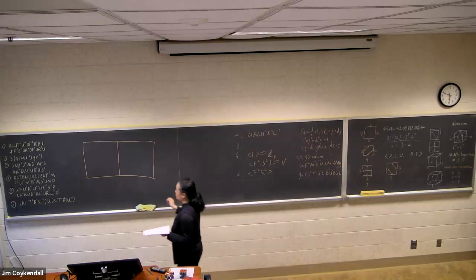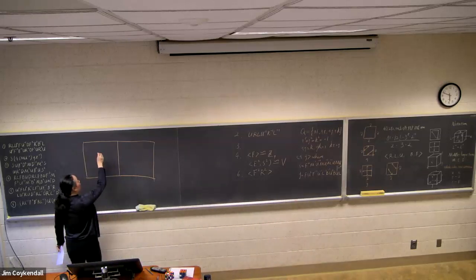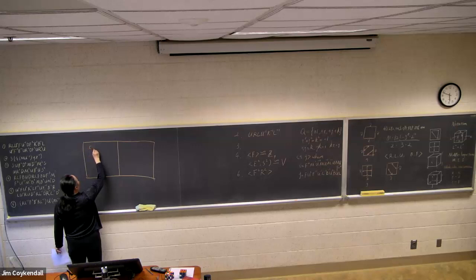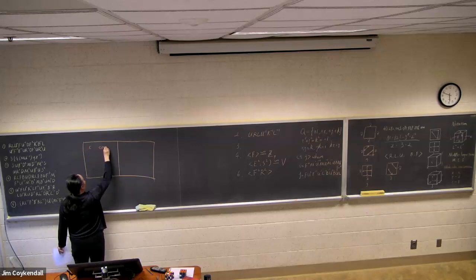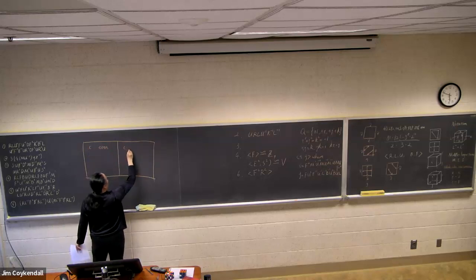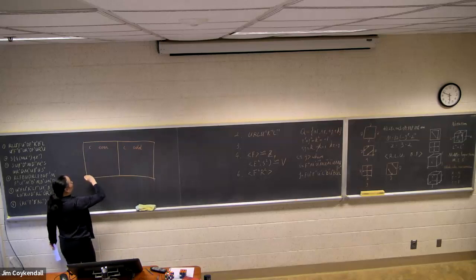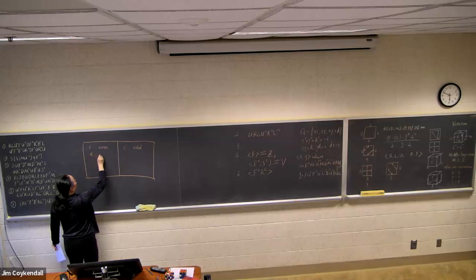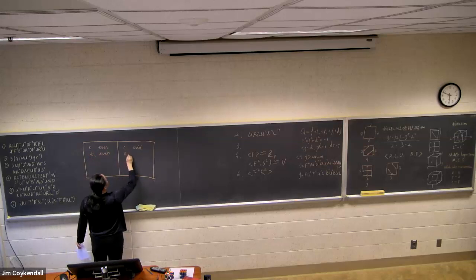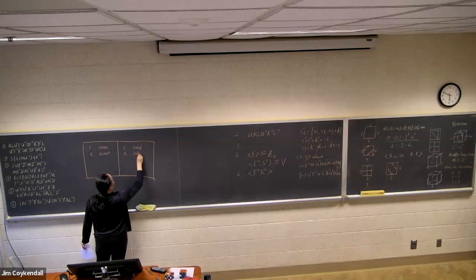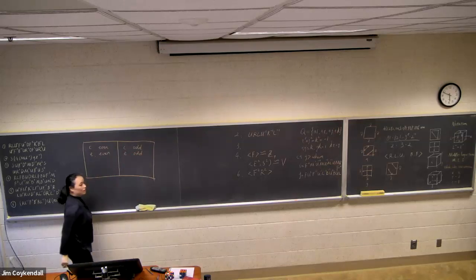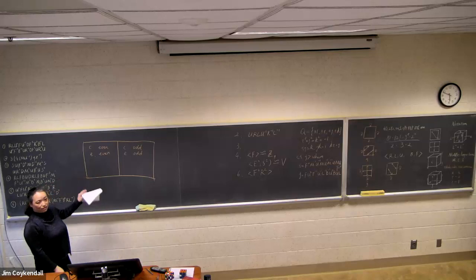So there are two possibilities. If we focus on corners, either the corners are even permutation or the corners are odd permutation, right? And then the edges follow, even and even, odd and odd, and you do have half and half.